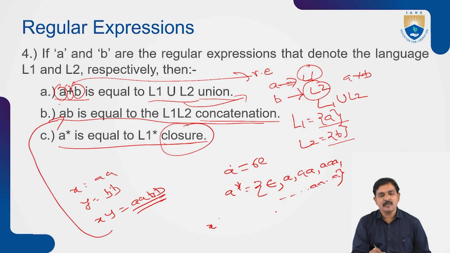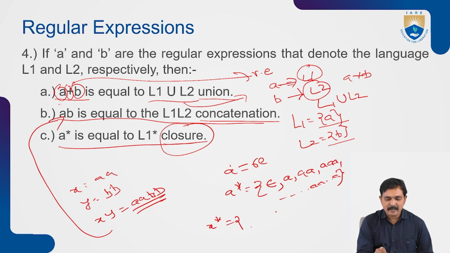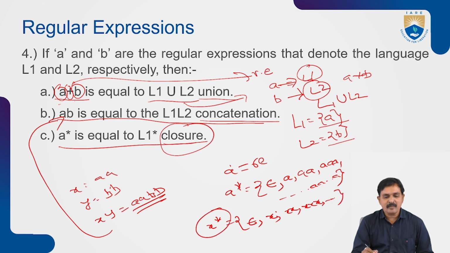This is called a closure. If I want to take x star, first you must include the null value, then x repeated 1 time, x repeated 2 times, x repeated 3 times, like this. That's the idea of closure.